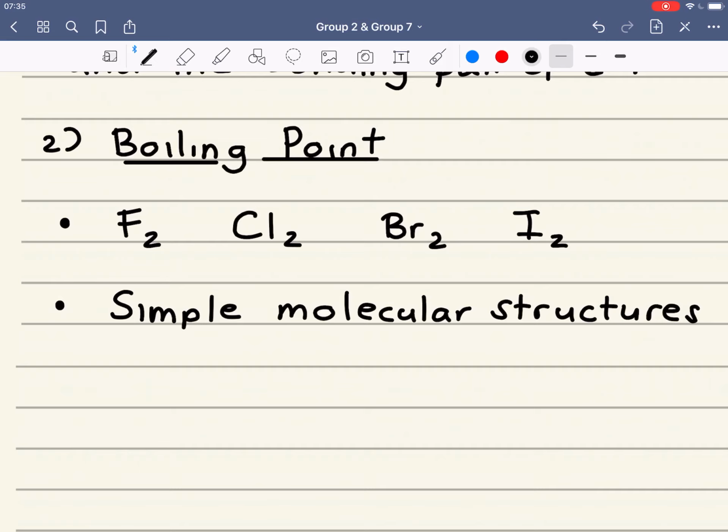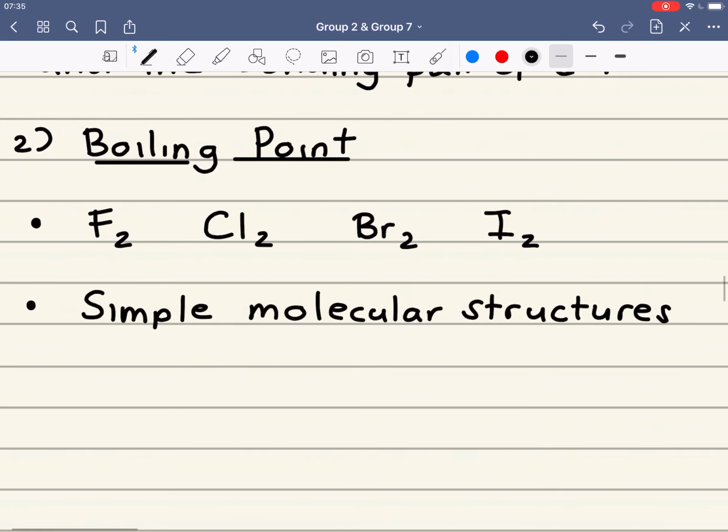Again, how can you recognise that? Well, if there are non-metals bonded together and it's not carbon or silicon dioxide, which is sand, then you're going to have a simple molecular structure. With it having a simple molecular structure, these molecules are going to be held together by intermolecular forces.